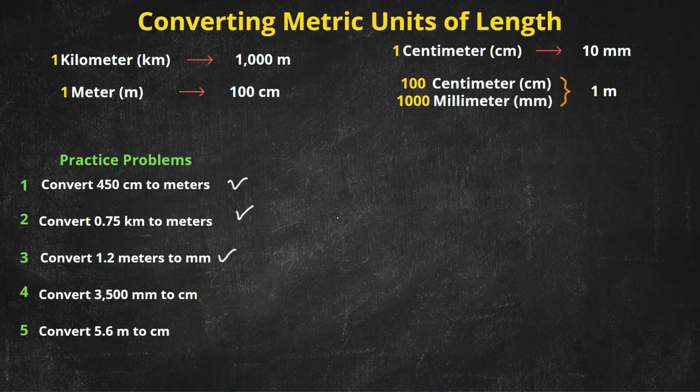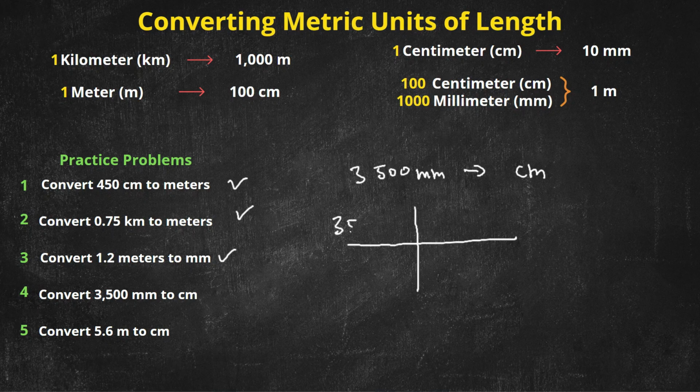Problem number 4 says that you were given 3,500 millimeters and you have to convert it into centimeters. Let's go ahead and use this table format. Here we'll write what we were given and we want our final answer to be in centimeters. So we're dealing with millimeters and centimeters. So here we have centimeters and here we have millimeters.